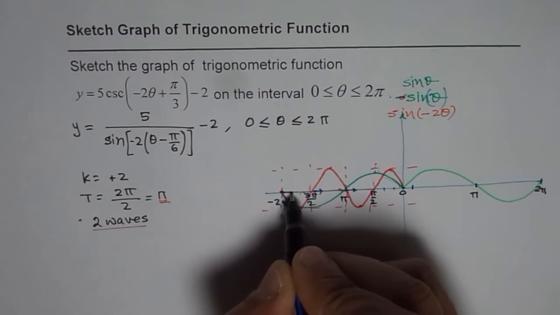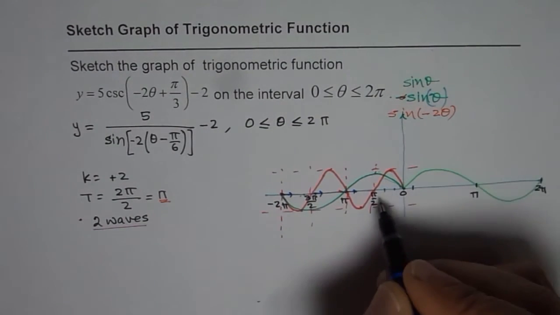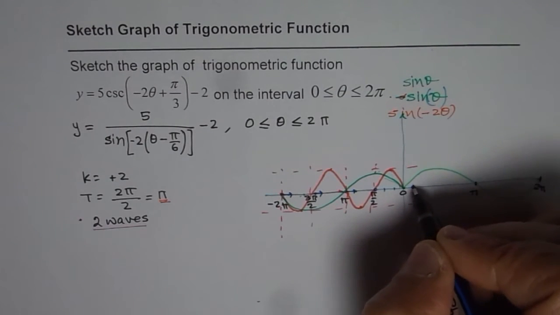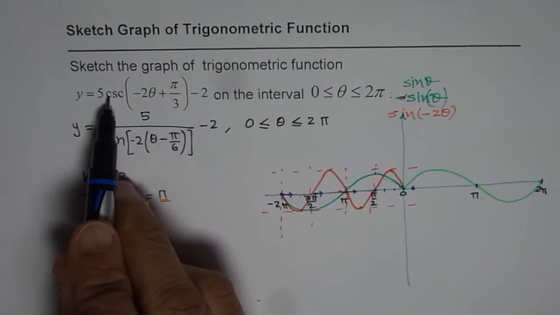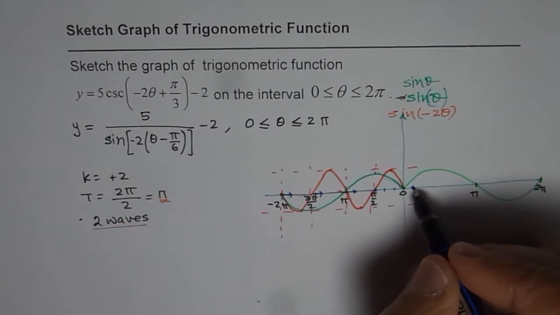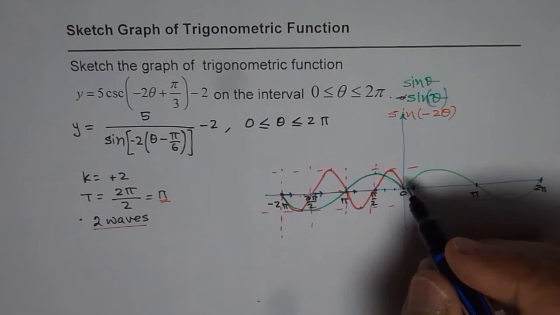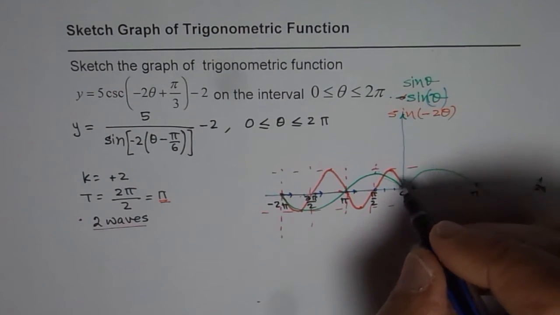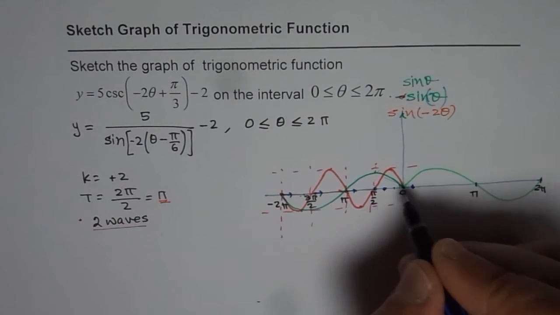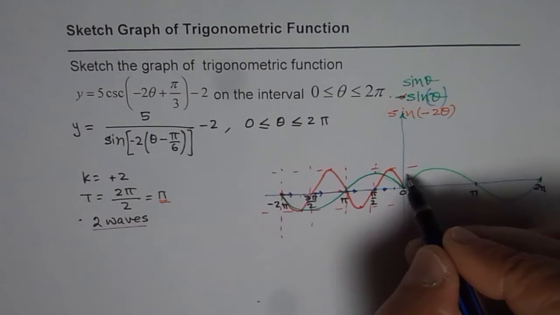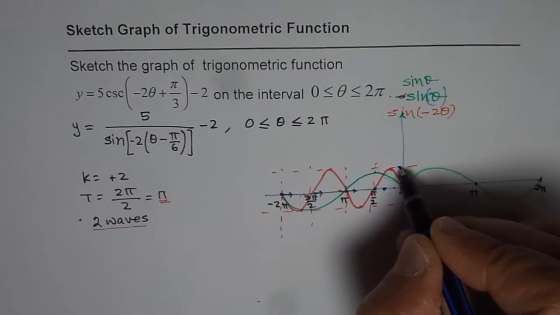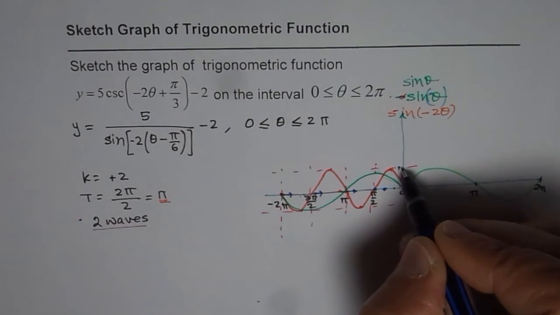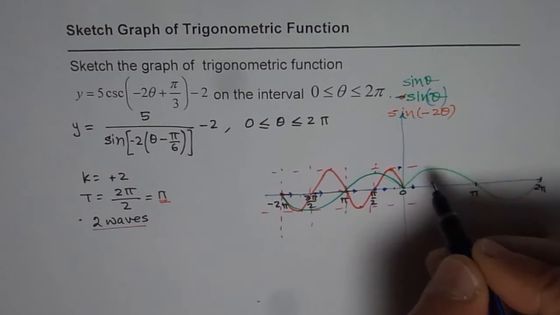So we are moving each point by pi by 6. That means the zeros will move to pi by 6, and these zeros will correspond to vertical asymptotes for cosecant x. When I move this wave, let me use another light color. This zero will come here, and the maximum will move pi by 6 to the right.